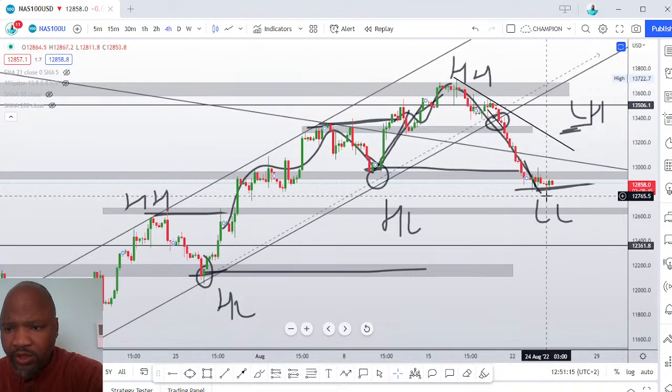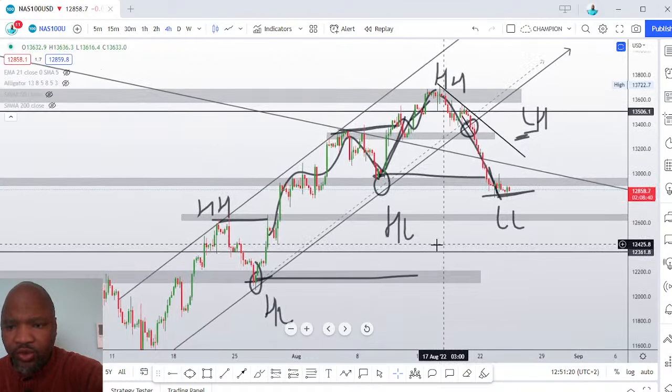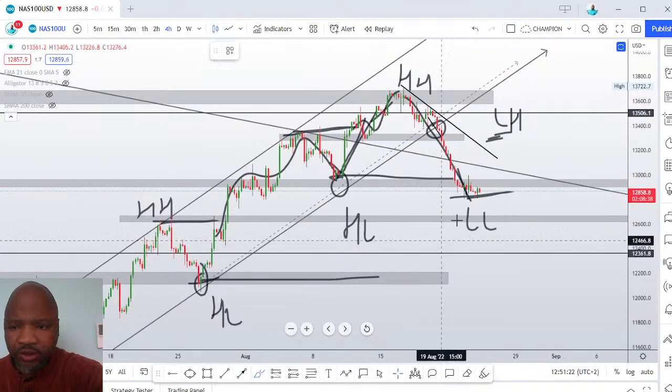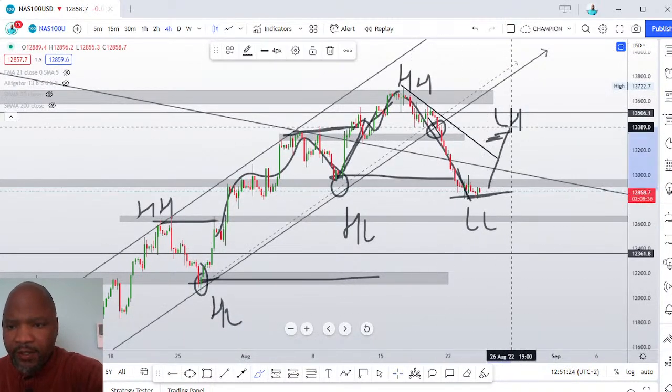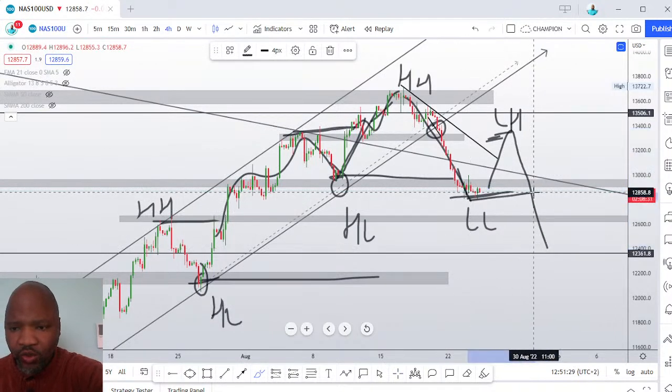I hope it does make sense. So we are still looking forward to have our lower high before we break this lower low.